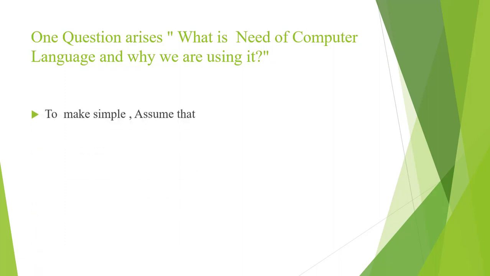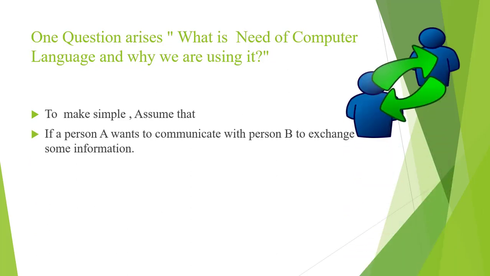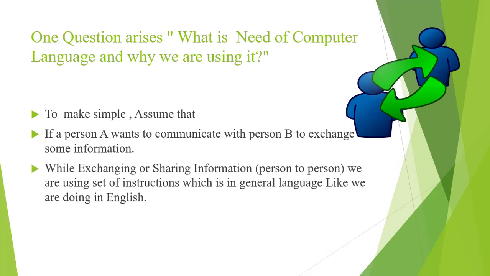To make it simple, assume that a person A wants to communicate with a person B, as you can see in the diagram. While exchanging or sharing information person to person, we are using a set of instructions. I am delivering or exchanging some information to you using a set of instructions in a general language.